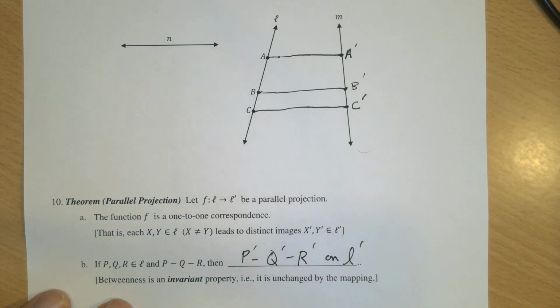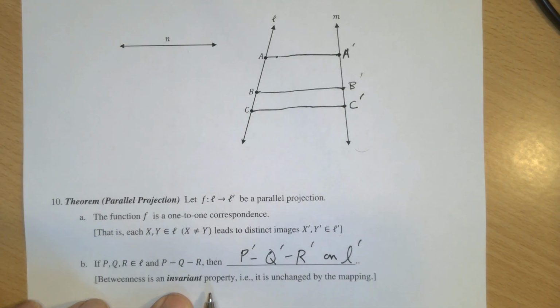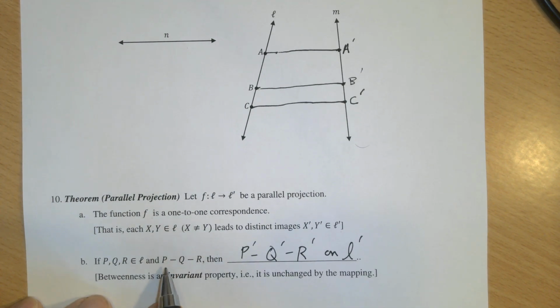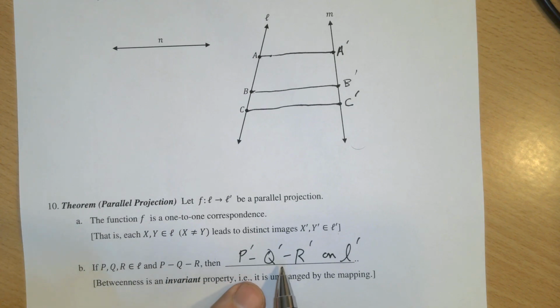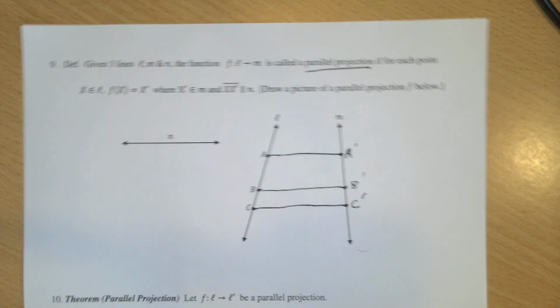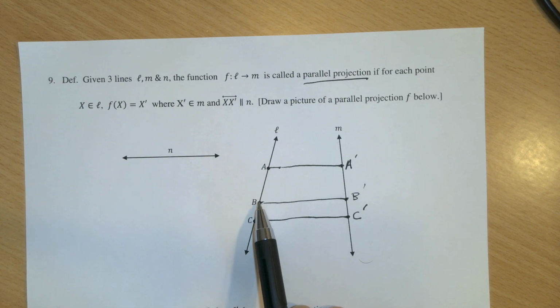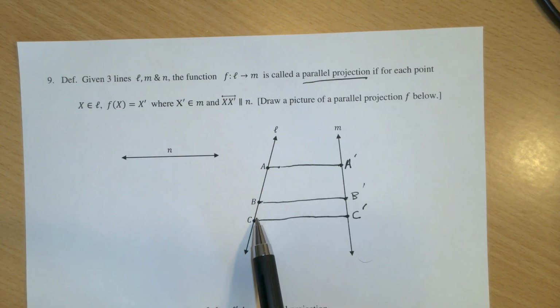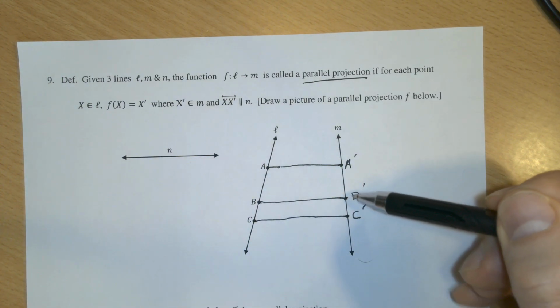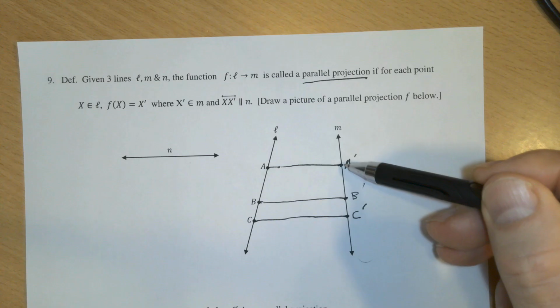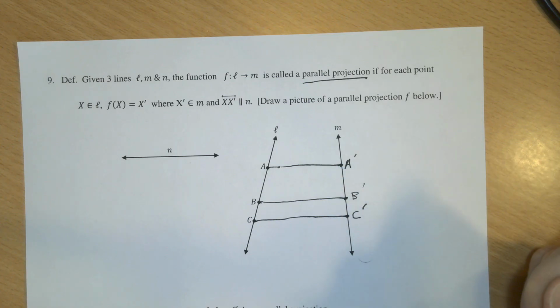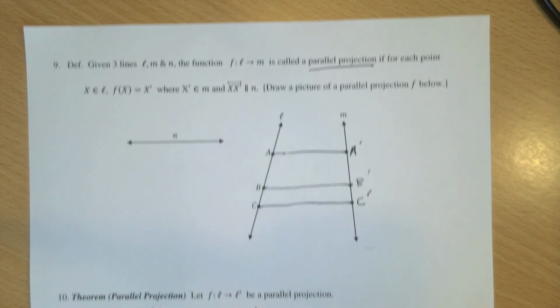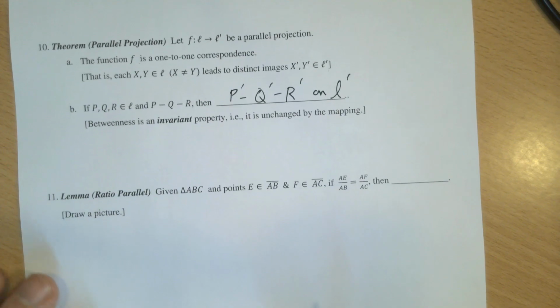Okay, so that means that betweenness is an invariant property. If Q is in between P and R, when you map them using the function f, their output points, Q prime, will be between P prime and R prime. Just like we saw up here, B is in between A and C. Well, that means that B prime will be in between A prime and C prime.